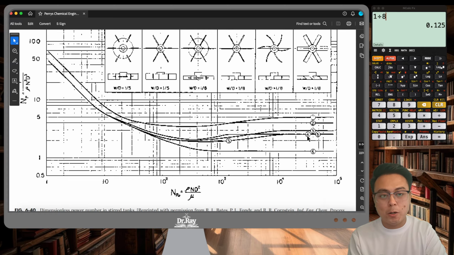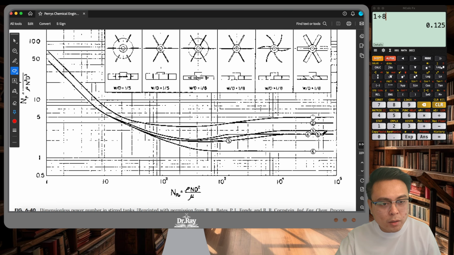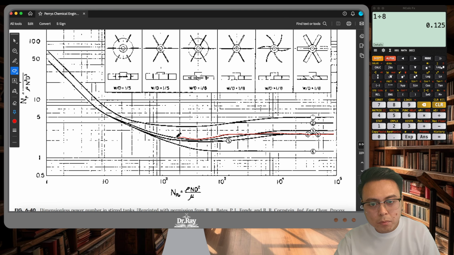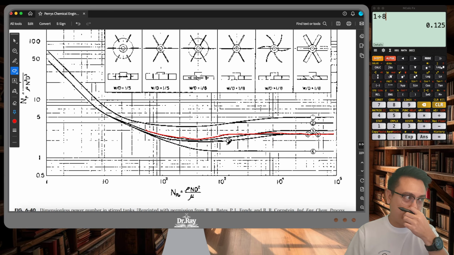Curve 4 is right here. So it's this line right here. This horizontal part, and then it increases here. Okay, let's trace that out with red. Okay, this is curve 4. The other branch here clearly is marked as curve 5, so you can easily distinguish between the two.